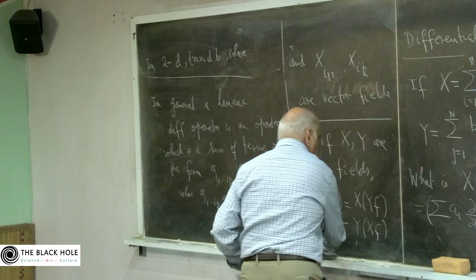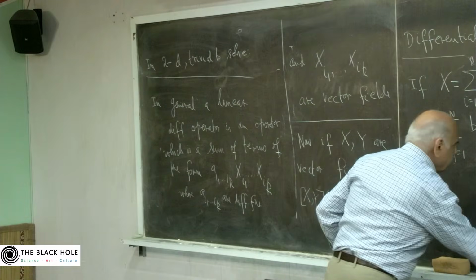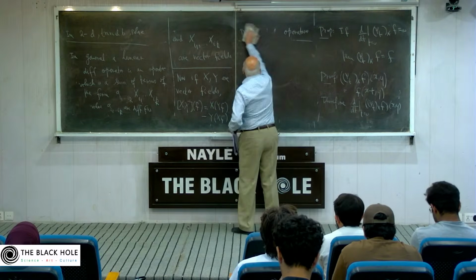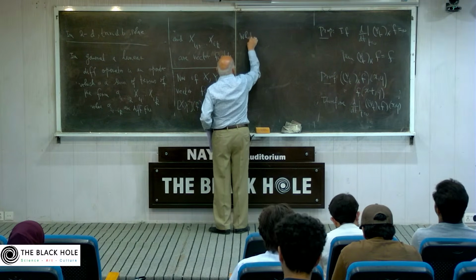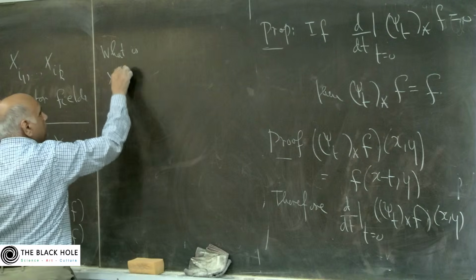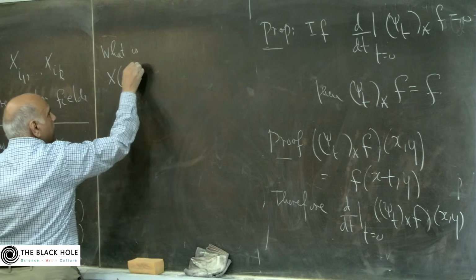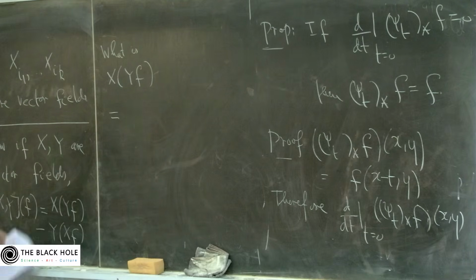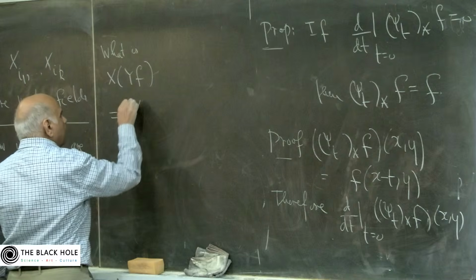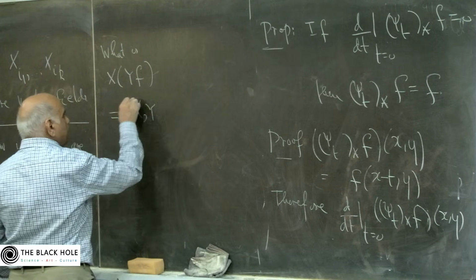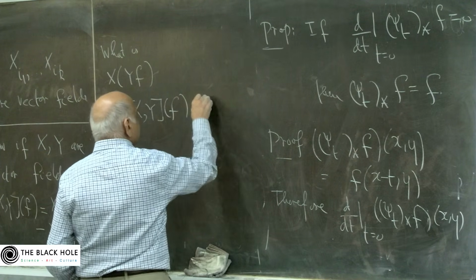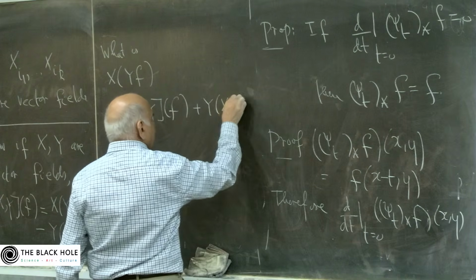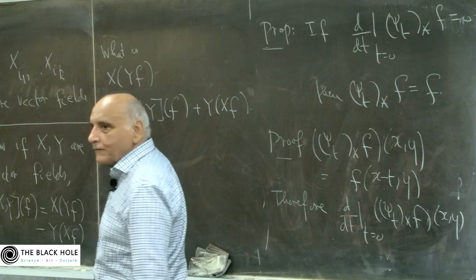So what is X of Y f? Bring it to the other side. It would be X bracket Y of f plus Y of X f.